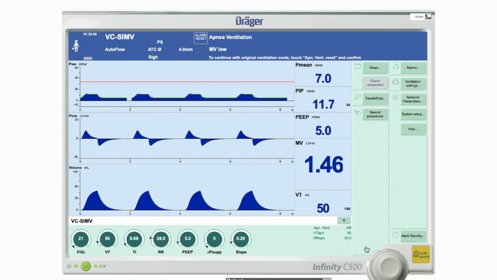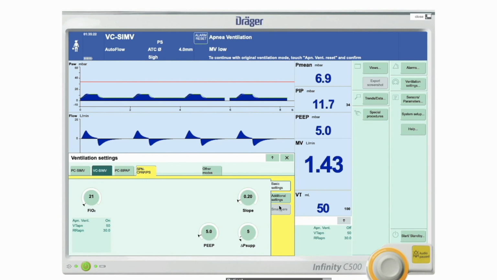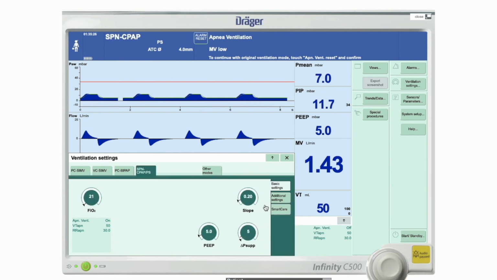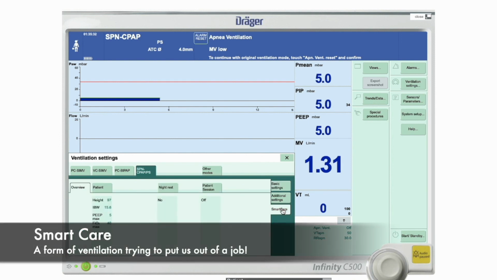Now there's one other additional setting that I was going to show you, but you only find that in CPAP ASB, which is one of the spontaneous modes where we just set CPAP. And that's this one, Smart Care. So Smart Care is the sort of ventilation that puts doctors out of business.